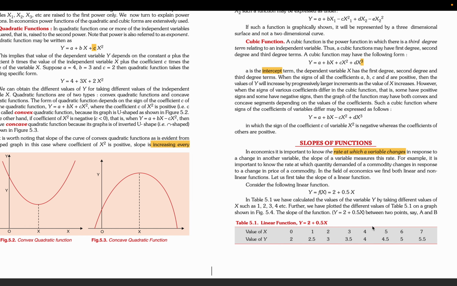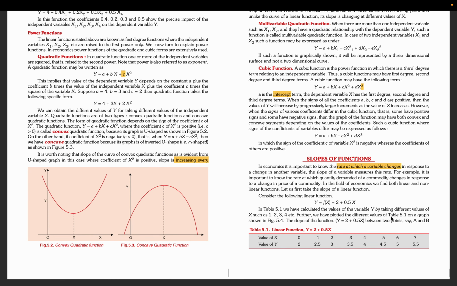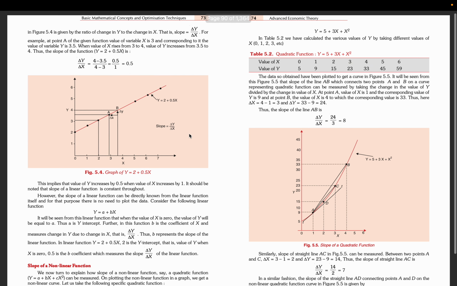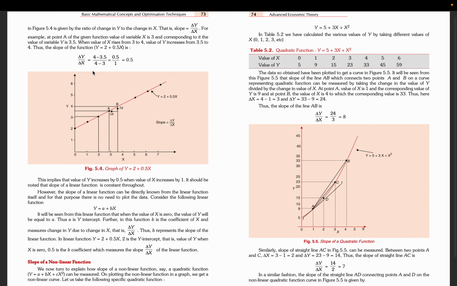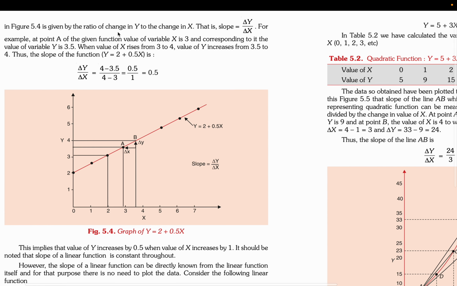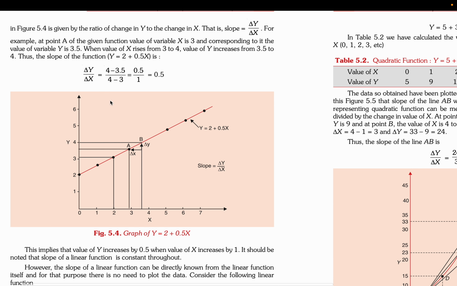The slope of the function between 2 points, say a and b, in figure 5.4 is given by the ratio of change in y to the change in x. The change in y, this is the y-axis, this is the x-axis.